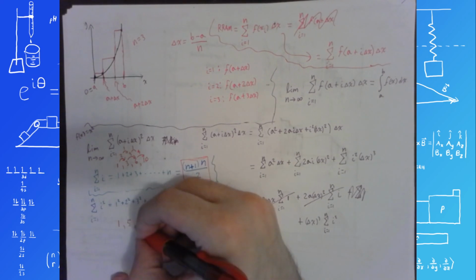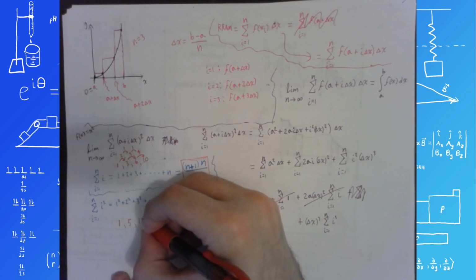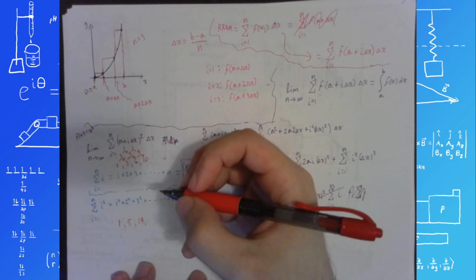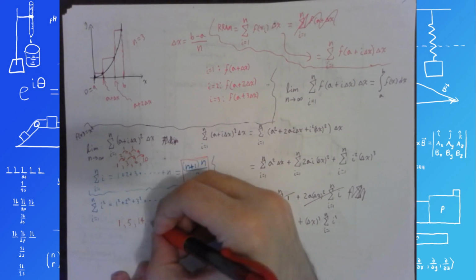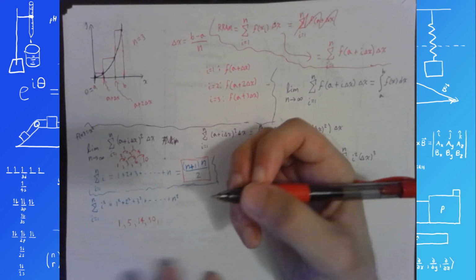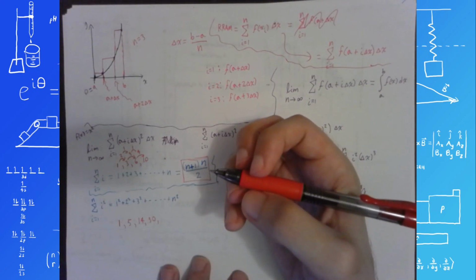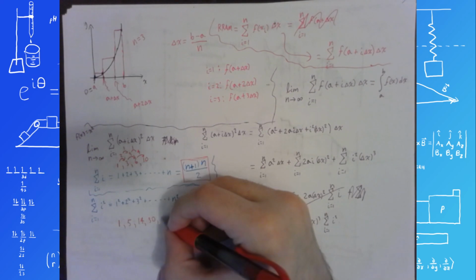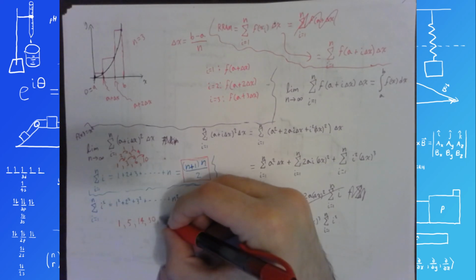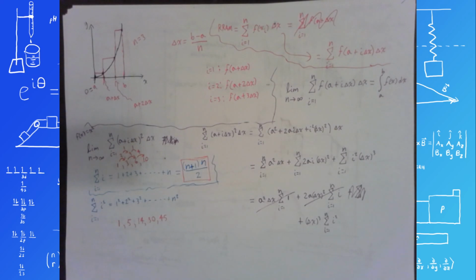And next, if I add 9, I get 14. And next, 4 squared is 16. If I add 16 to 14, that's 30. The next one would be 25, so 30 plus 25 gives me 55. And I think that should be enough terms for us.